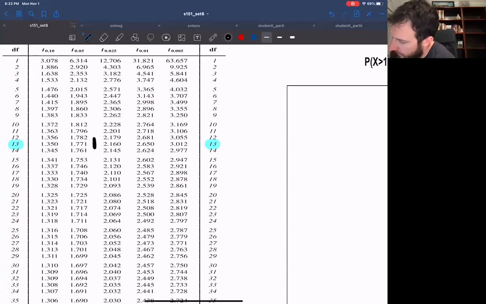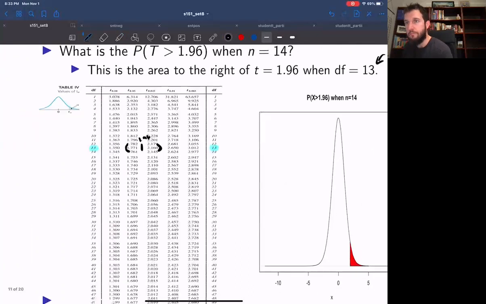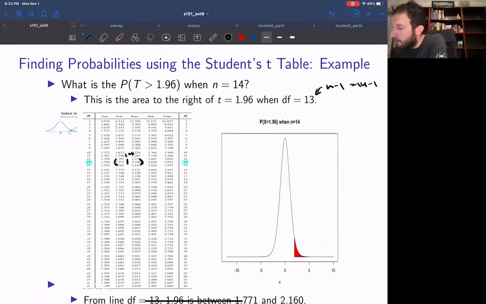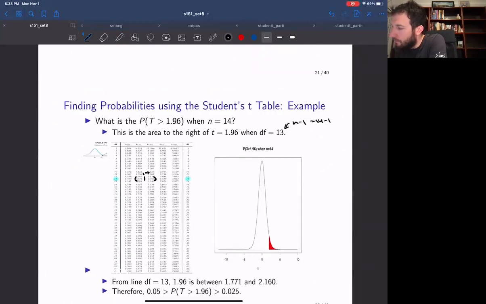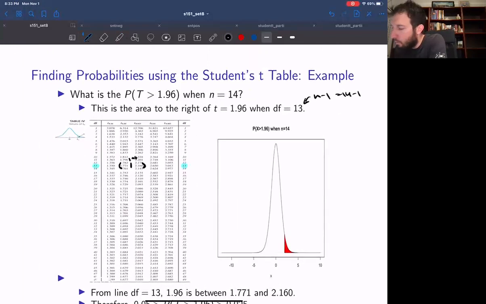Okay, so we're going to be between this quantity and this quantity. It's very important that you don't round. So we can't round to the closest value anymore. We simply determine where our value would fall based off of the numbers that are given to us. So 1.96 is between 1.771 and 2.160 when the degrees of freedom is 13.